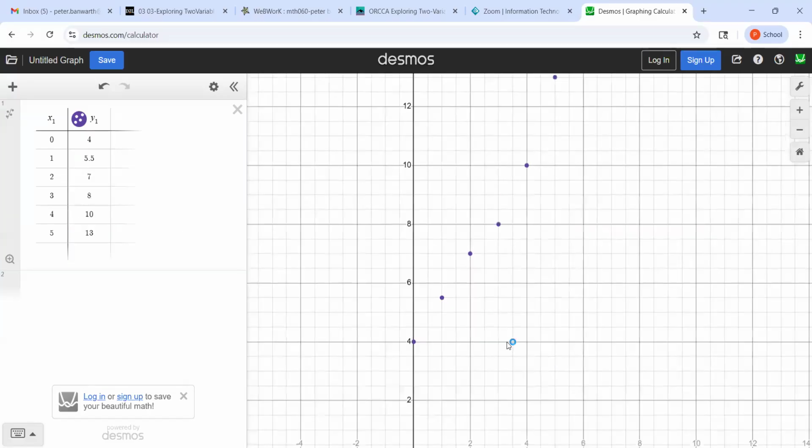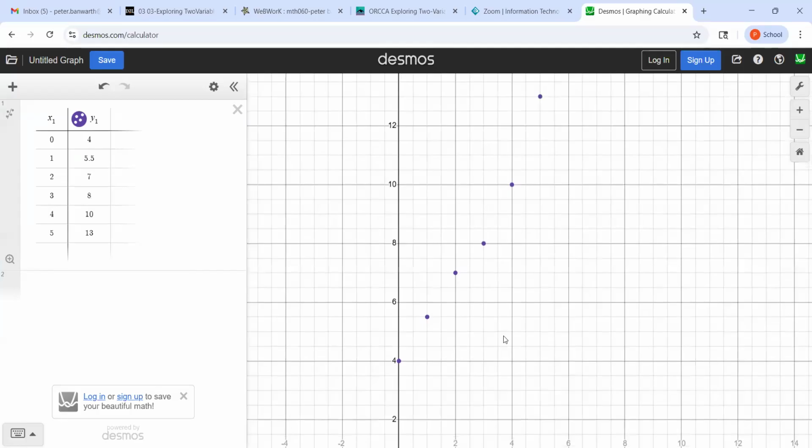Okay, so here we go. Yeah, I look at that, and even just looking at those points, they look like they're perfectly in a line, but it's hard to tell for sure. Maybe my eyes just aren't great.